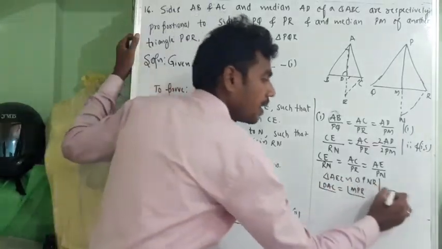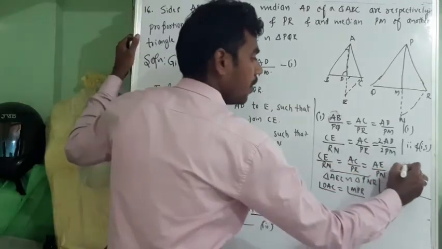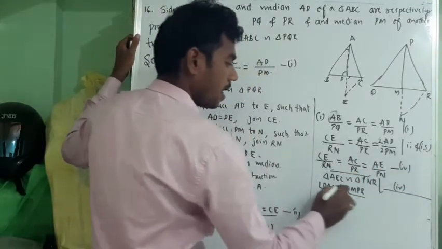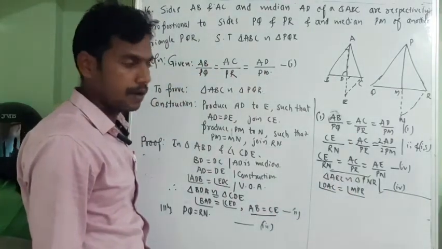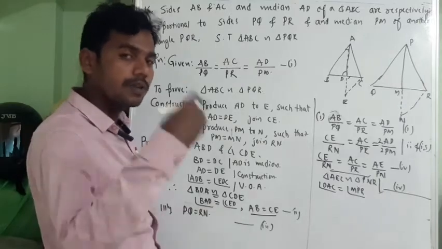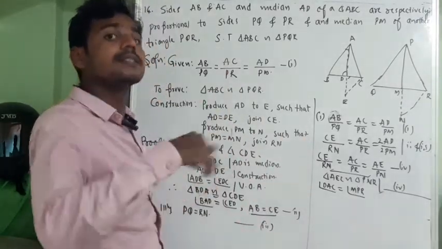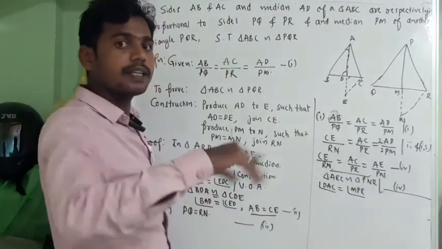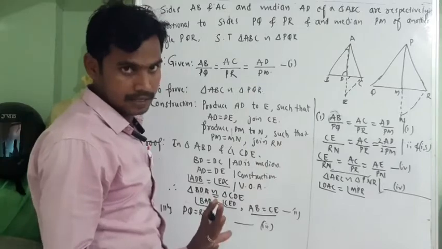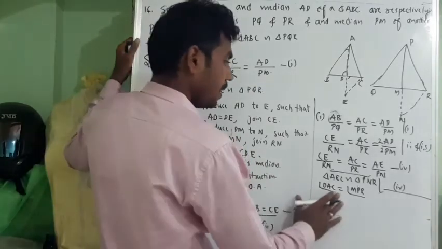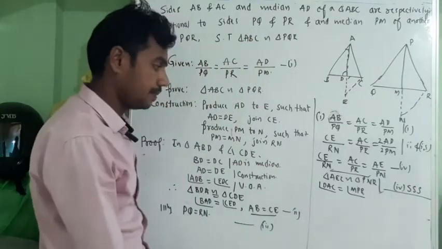From 4, triangle AEC is similar to triangle PNR. That is the SSS similarity criterion.